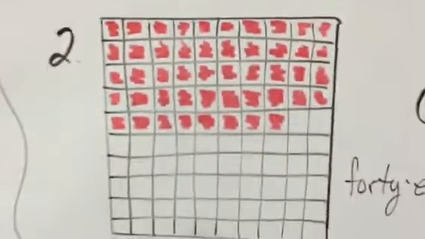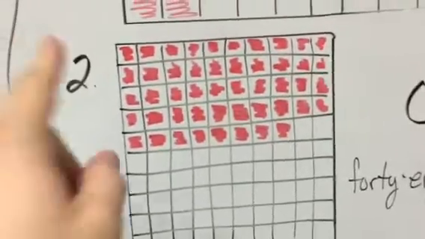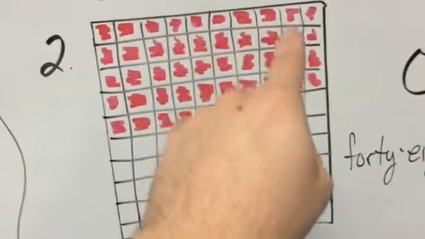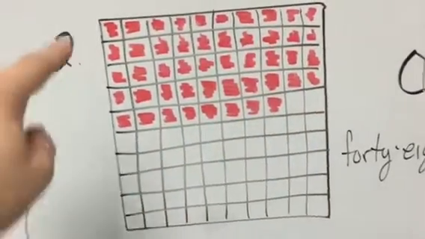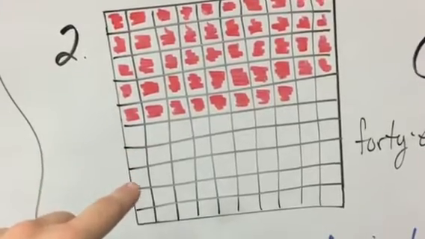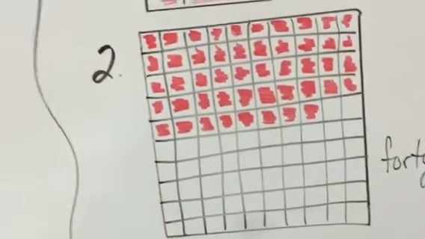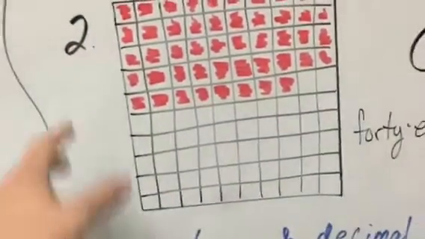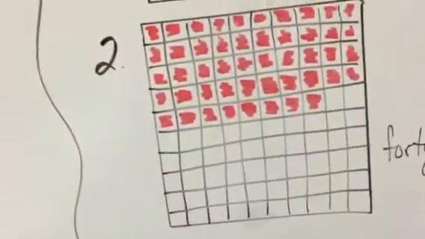Let's look at this one. Now we have 10 columns and 10 rows. So I know that 10 times 10 is 100, so there must be 100 little squares in here.